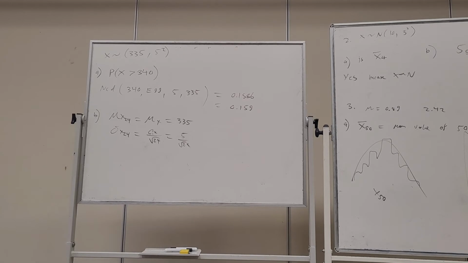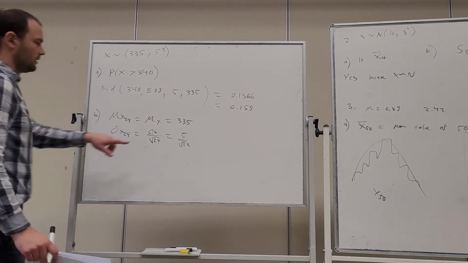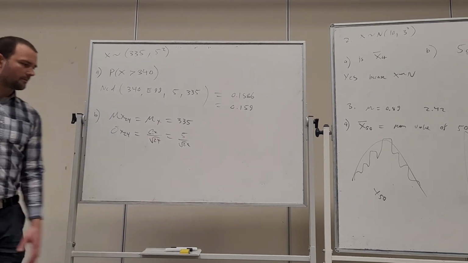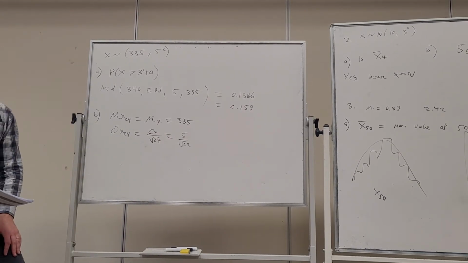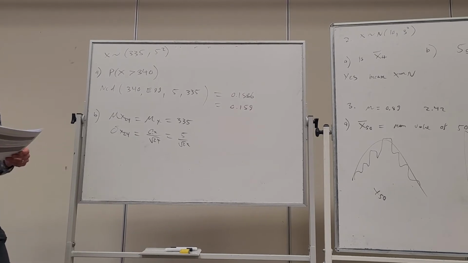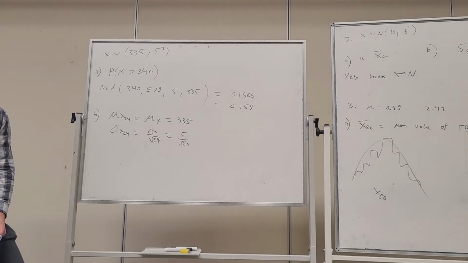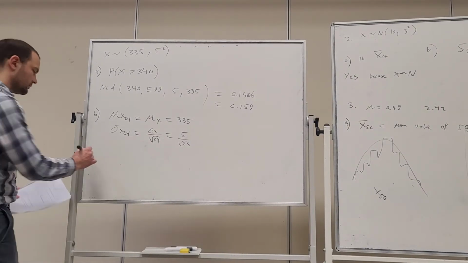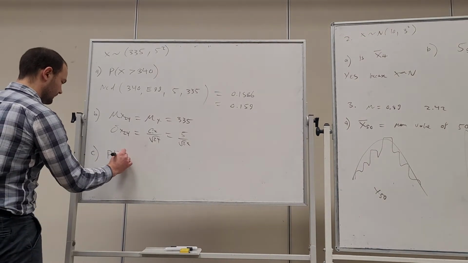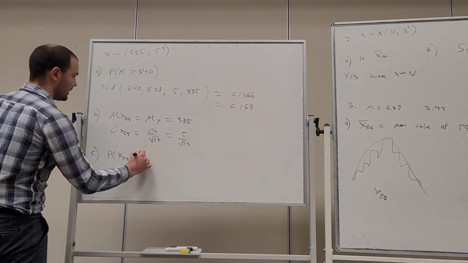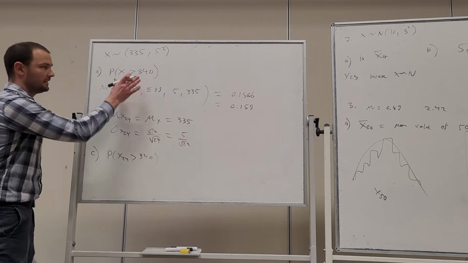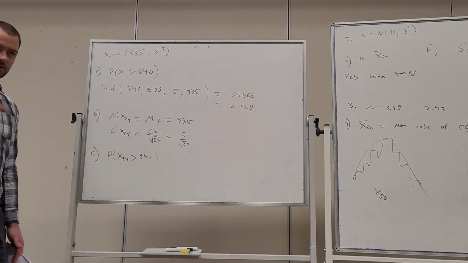We've found the mean and we've found the standard deviation of 24 observations. Part C. Find the probability of x24 being larger than 340. So let's do that. It's different from this one, but our calculation is almost the same.